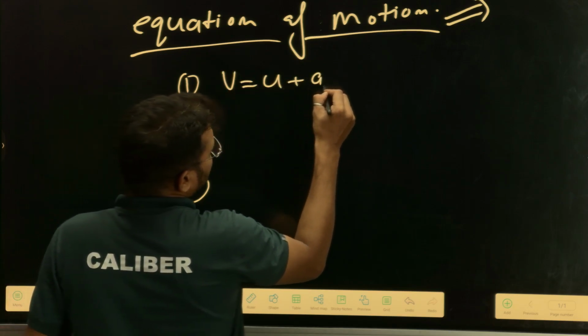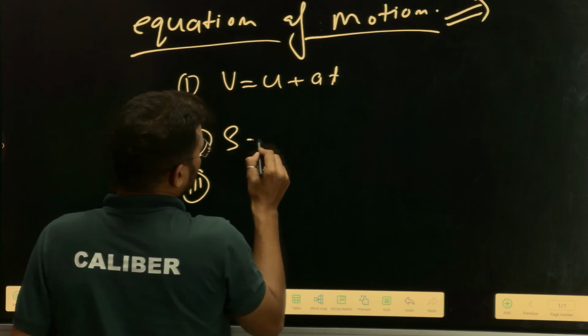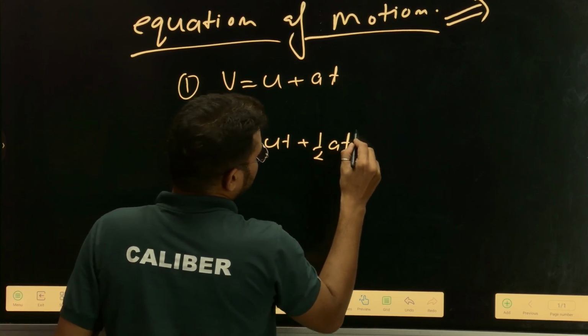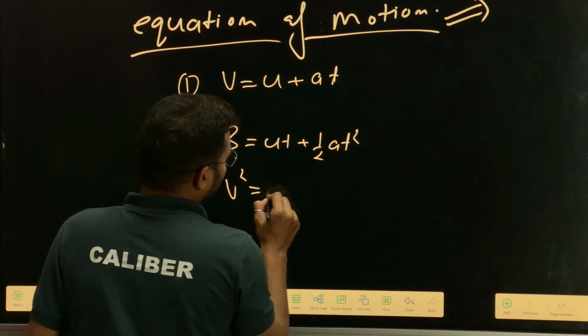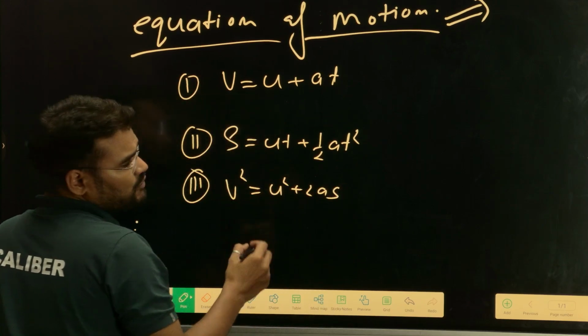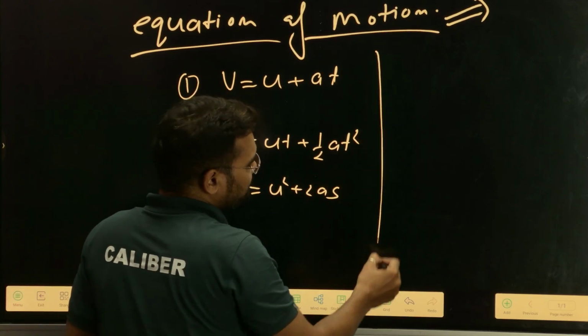V is equal to U plus AT, S is equal to UT plus half AT square, V square is equal to U square plus 2AS. These equations are applied only in uniform motion.